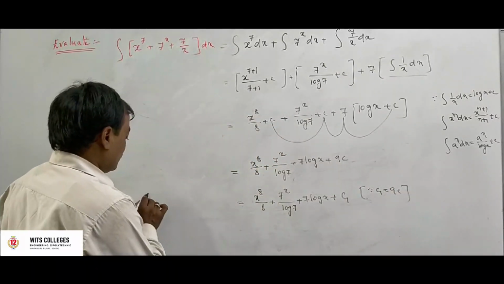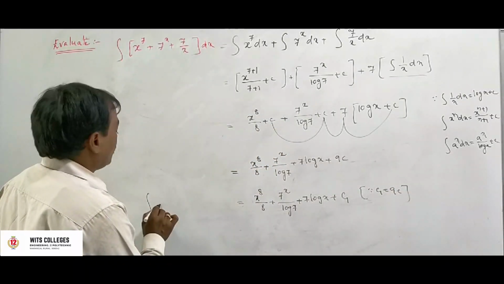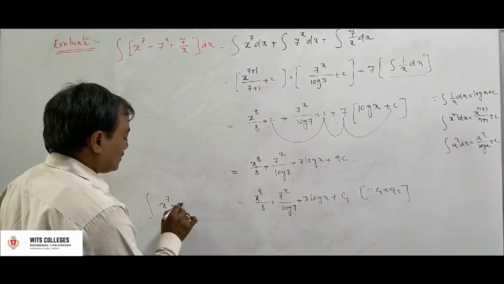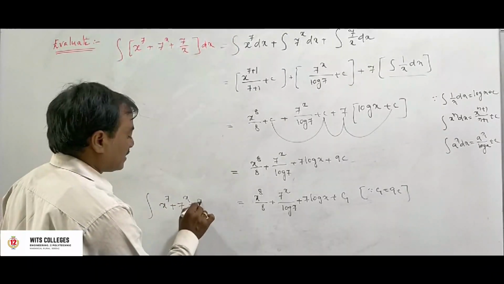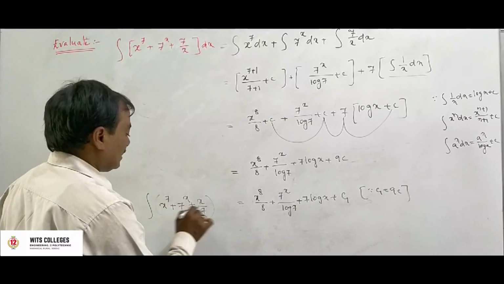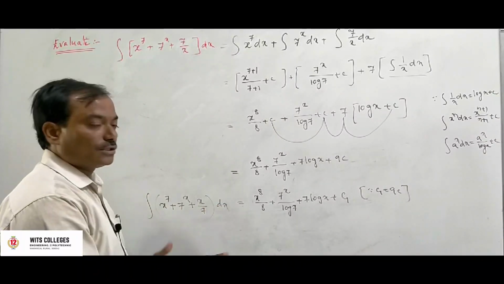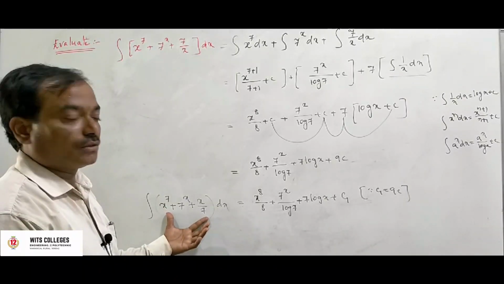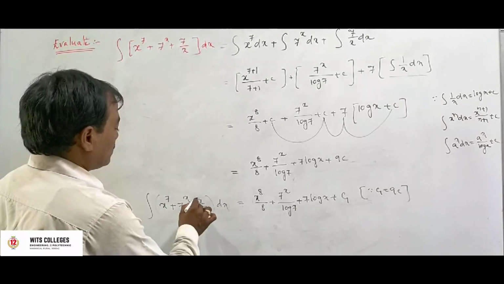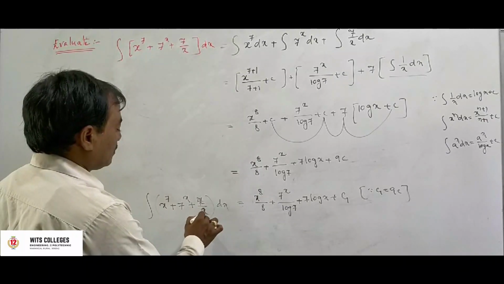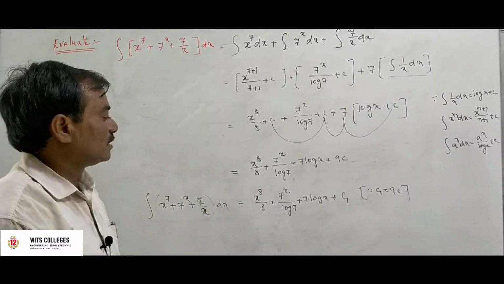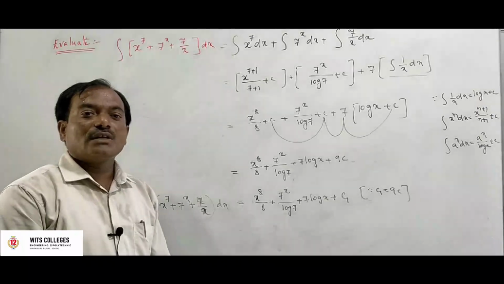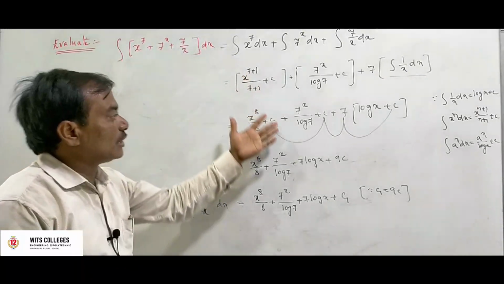So this is the integral of x to the power of 7 plus 7 to the power of x plus 7 by x dx. So this is the process of finding this integral value by using these steps.